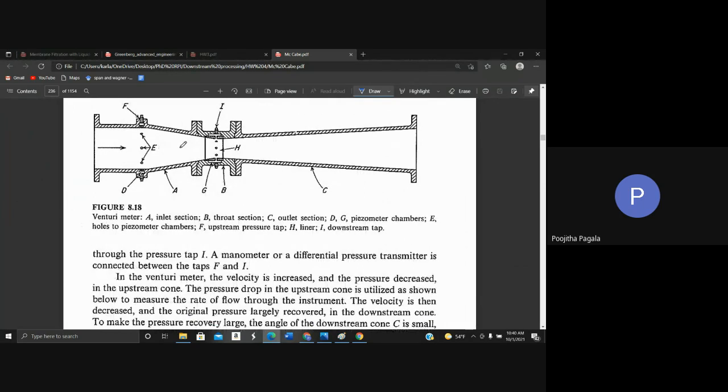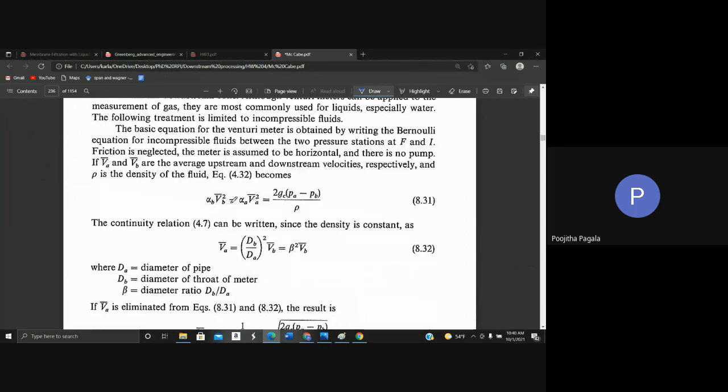A point upstream and then a point downstream. And then they went on to write the Bernoulli equation.